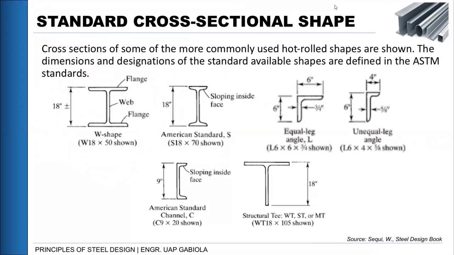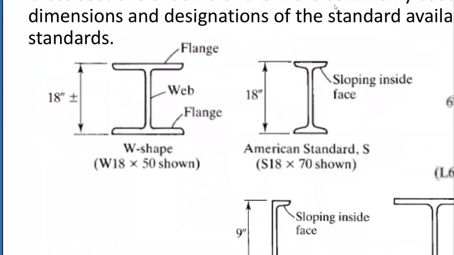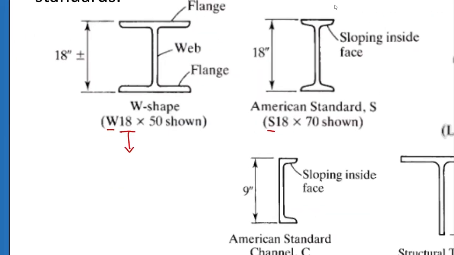So for the designation of our shape, for W shape and S shape, we are using the two common designations. Okay, so the first letter is pertaining on what type of shape it is. And then the first number that you can see here is our W shape depth.